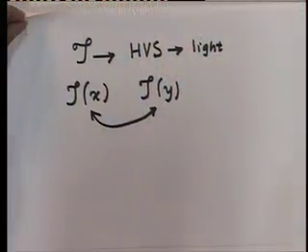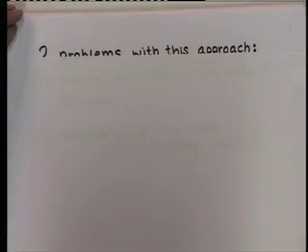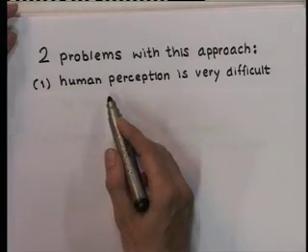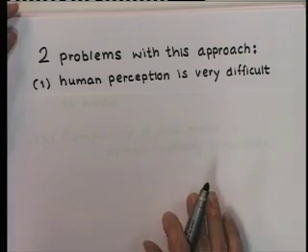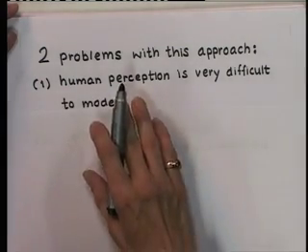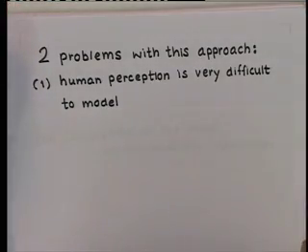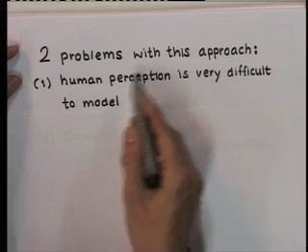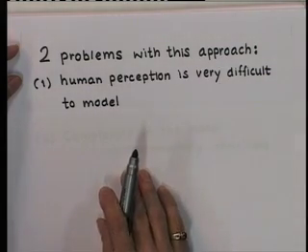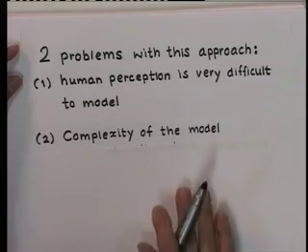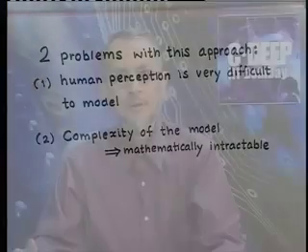Now, there are two problems associated with this approach. First, the process of human perception is very difficult to model, and accurate models of perception are yet to be discovered. And second, even if you could find a mathematical model for perception, the odds are it would be so complex that it would be mathematically intractable.